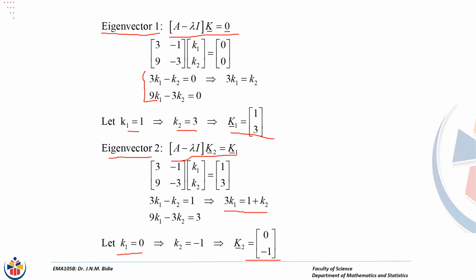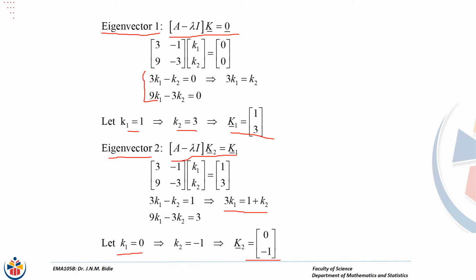We've now got 2 eigenvectors corresponding to 1 eigenvalue. Once again, we take the same eigenvalue and get the first eigenvector. From the first eigenvector, we are able to get the second eigenvector by equating the left-hand side to the first eigenvector.